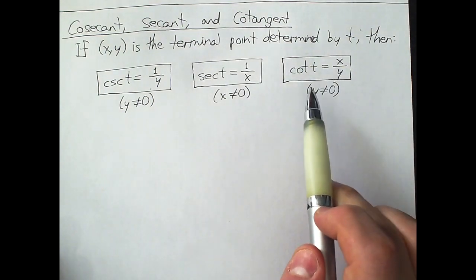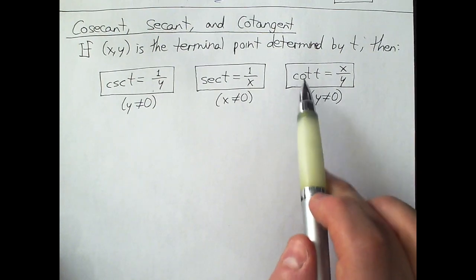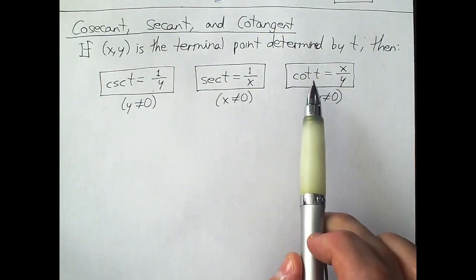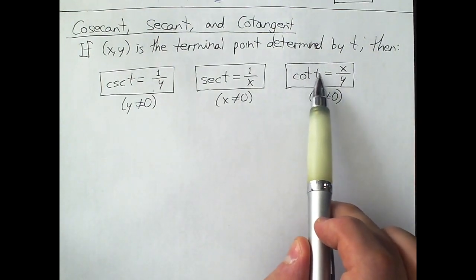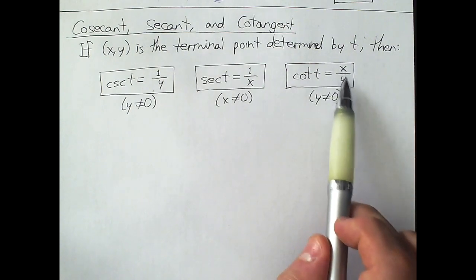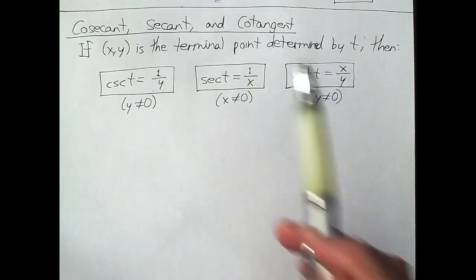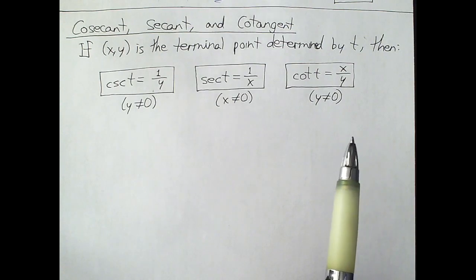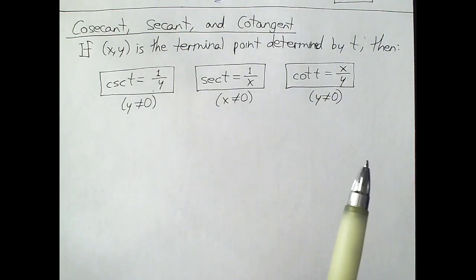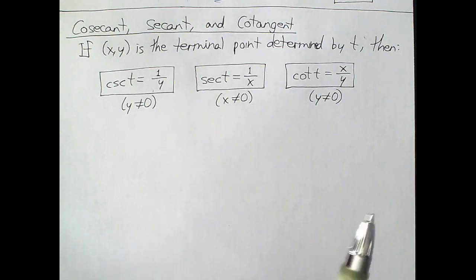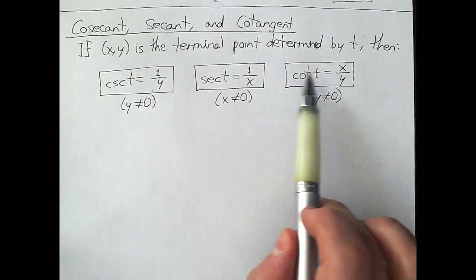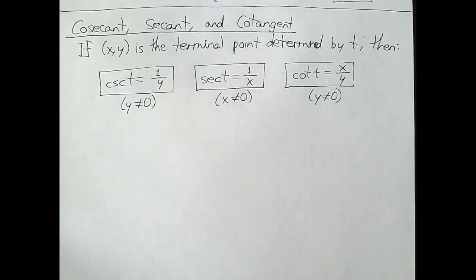I said something a minute ago out loud that kind of stood out. I said cotangent of t looked like the reciprocal of tangent. Because earlier, on the previous page, we said tangent of t is y over x, and cotangent of t is x over y. It's the flipped version.